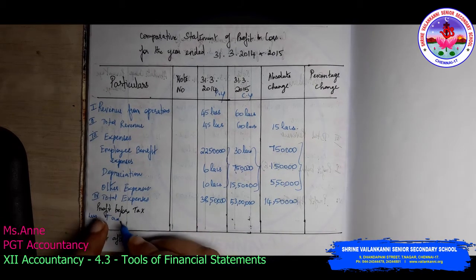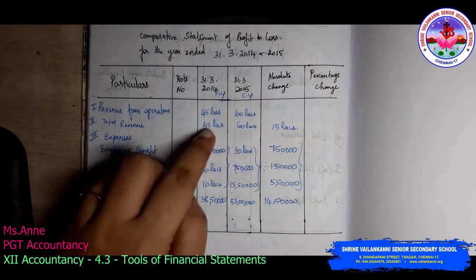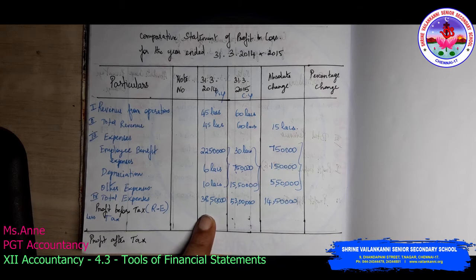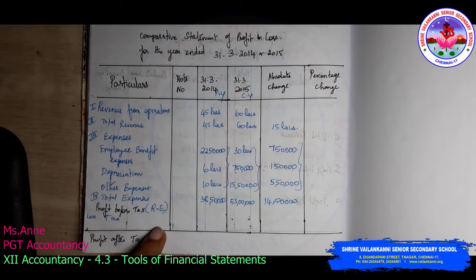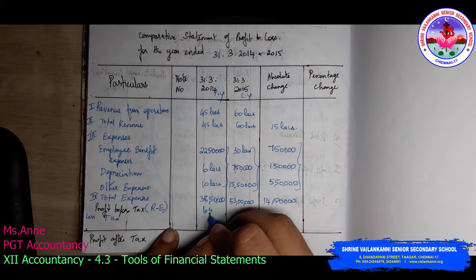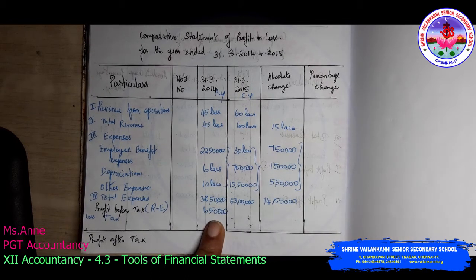So my profit before tax is going to be my revenue minus expenses. My revenue is 45 lakhs. My expense total is 38 lakh 50,000. So what I get as my profit before tax is 6 lakh 50,000.